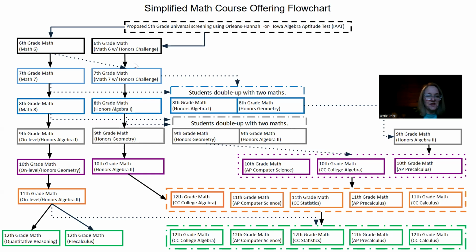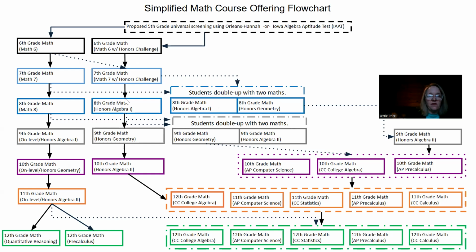Let me backtrack just a little bit. In 7th grade, this student could take honors math, and then after that, advance to doubling up their math courses with honors Algebra 1 and honors Geometry. So in 8th grade, this is an extremely advanced student that would take honors Algebra 1 and honors Geometry.